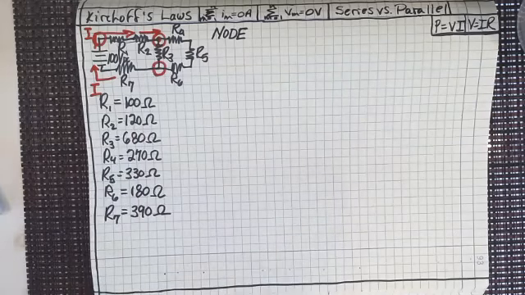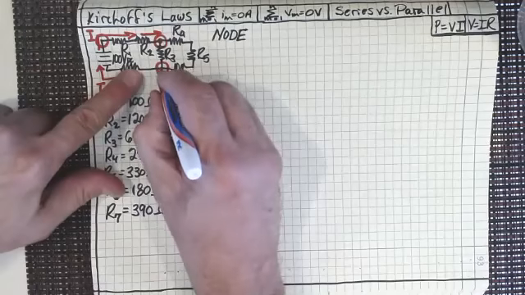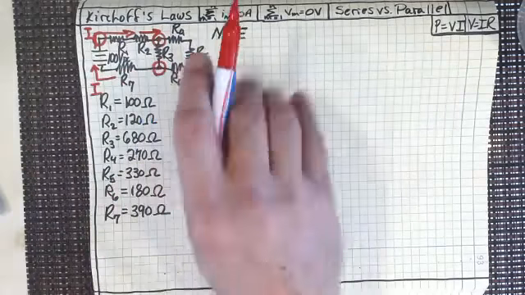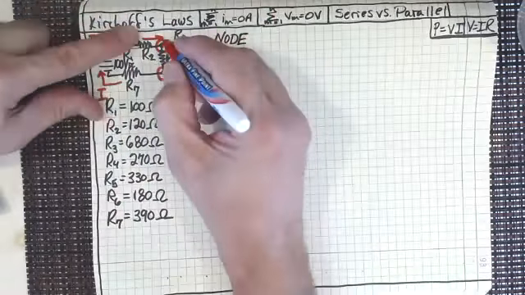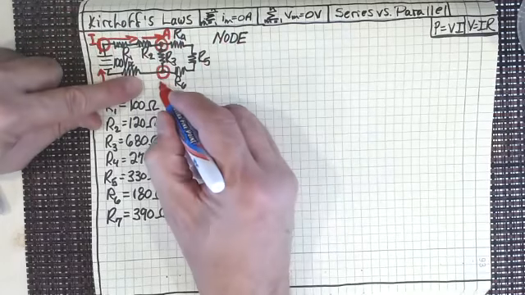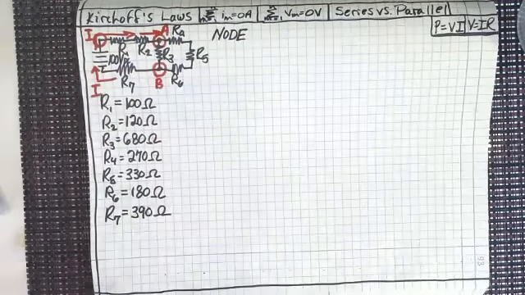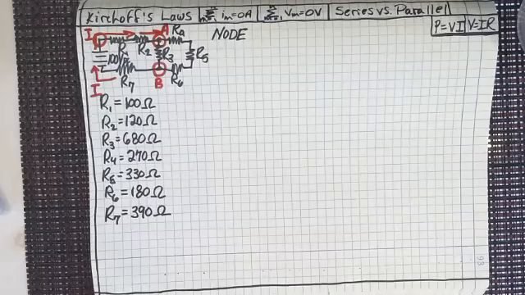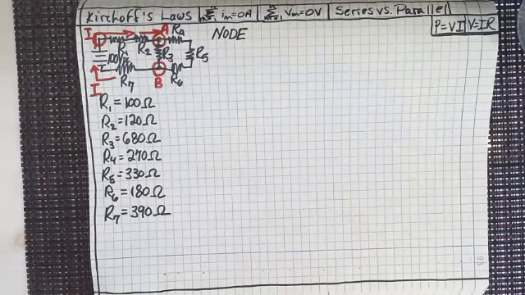Now let's examine these two nodes that I've got here. I'm going to give those nodes a name. I'm going to say that this is node A and this is node B. Now, let's redraw those two nodes over here.